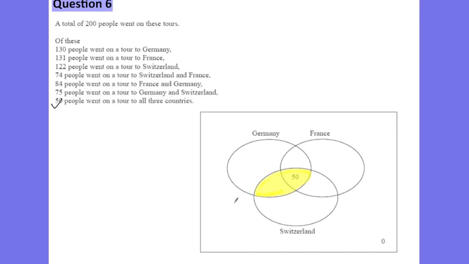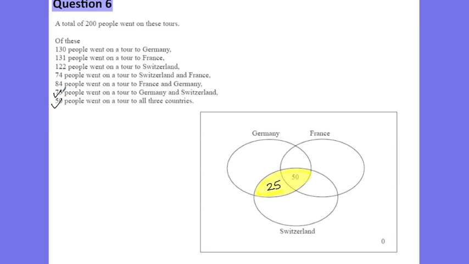We do not write 75 here. We already have 50 people in the yellow category, Germany and Switzerland. So our remaining 25 goes here because 75 people went on tour to Germany and Switzerland.